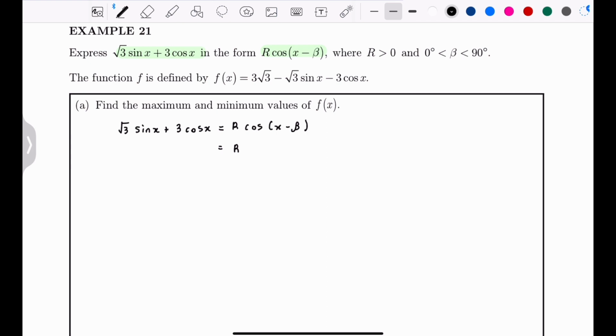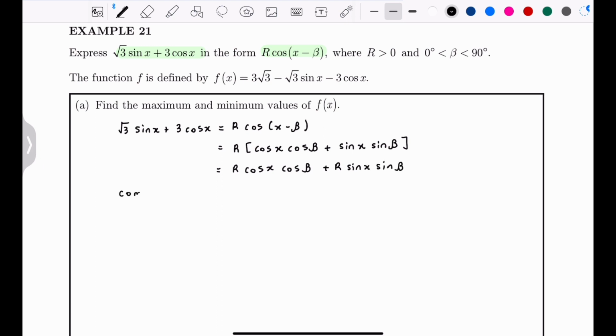So r times cos x cos beta plus sin x sin beta. Expand, we get r cos x cos beta plus r sin x sin beta.